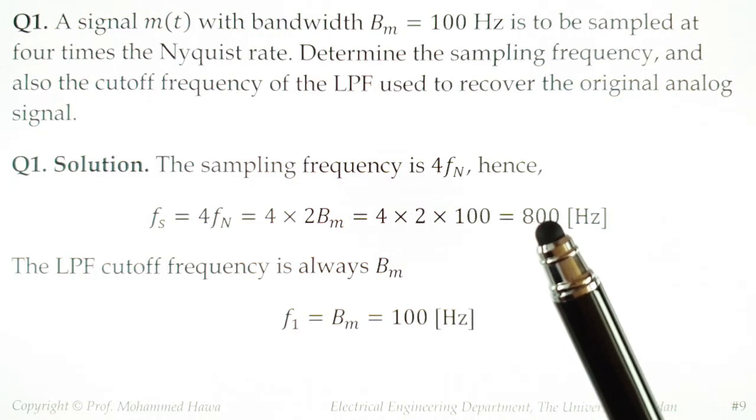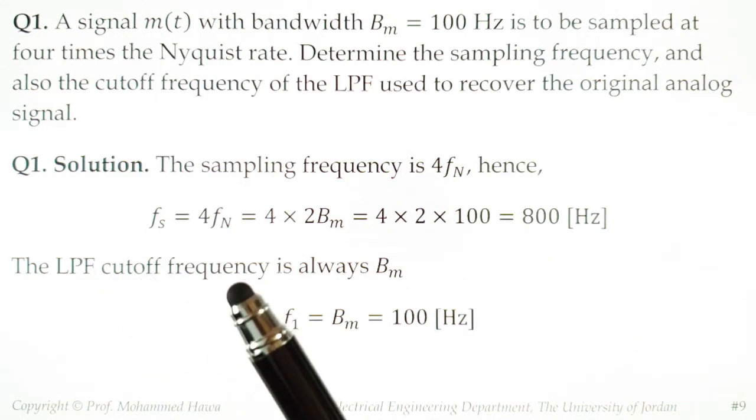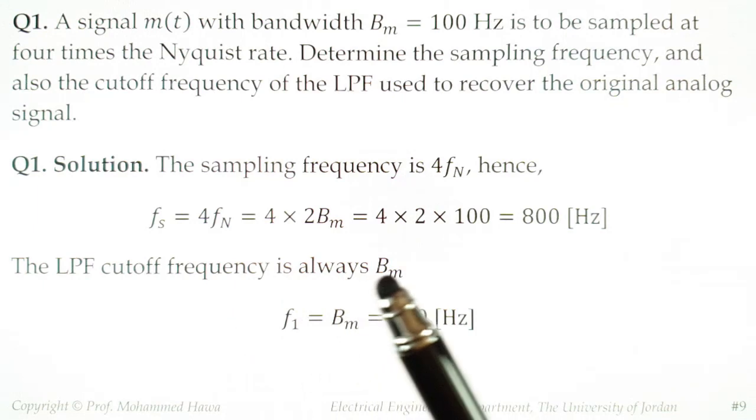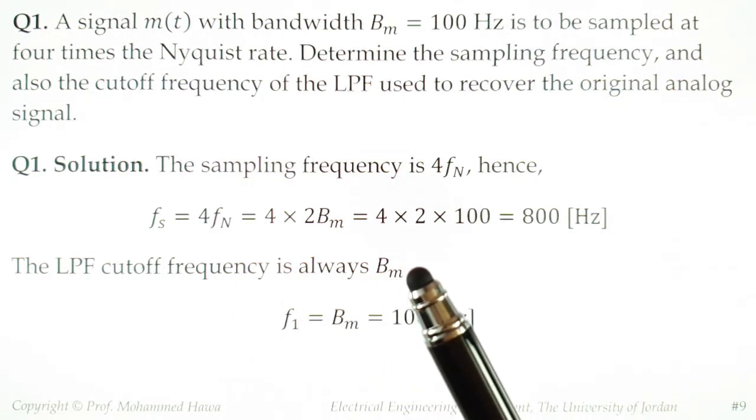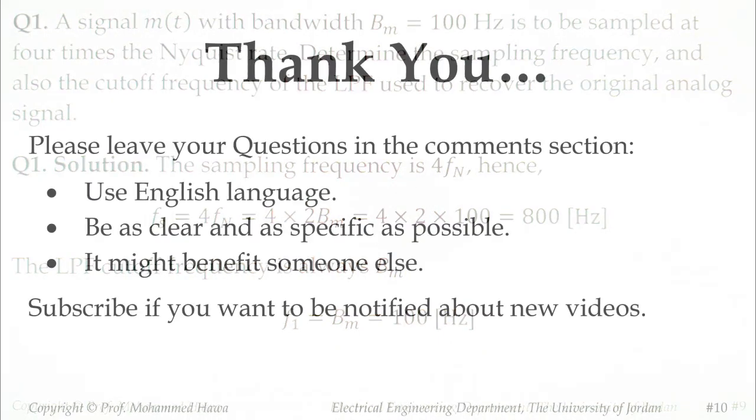If you want to convert that to radian per second, multiply by 2 pi. However, the low pass filter cutoff frequency is independent of the sampling frequency you use and is always equal to the bandwidth of the original analog signal. So the cutoff frequency for my low pass filter at the receiver should be 100 Hz, or multiply by 2 pi if you want the answer in radian per second.